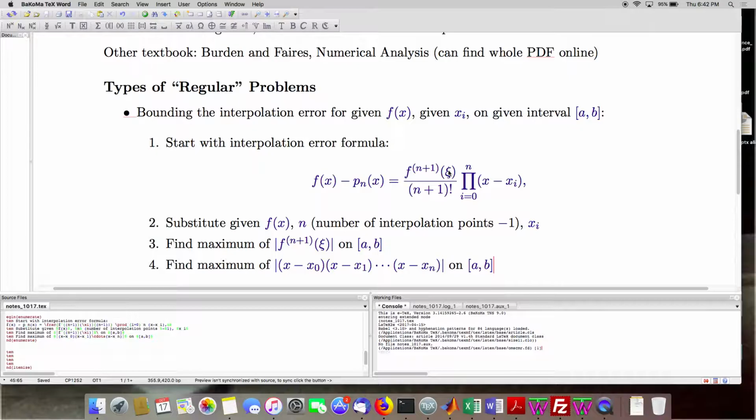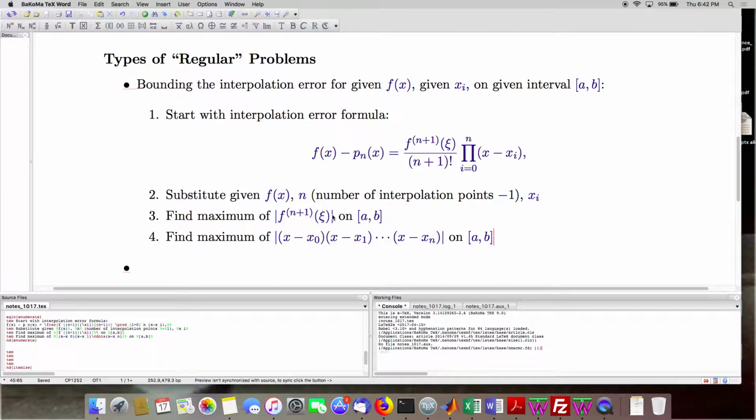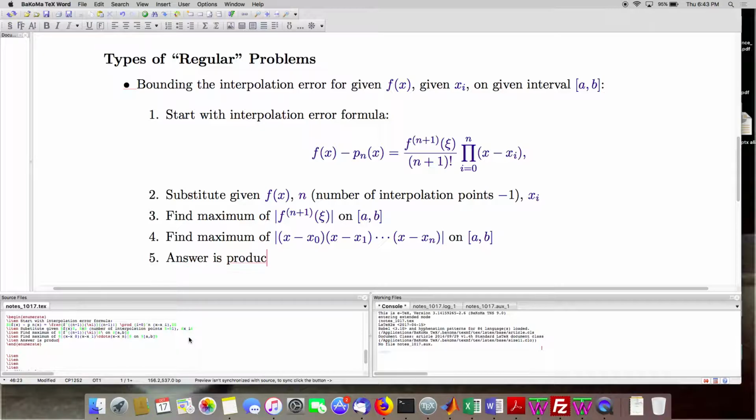Then again, it's most likely easier to have upper bounds for the two of these pieces separately. Once you have those maxima, those will be numbers. Then you'll just put those in here, and you're done. So your answer is the product of these maxima, divided by n plus 1 factorial.